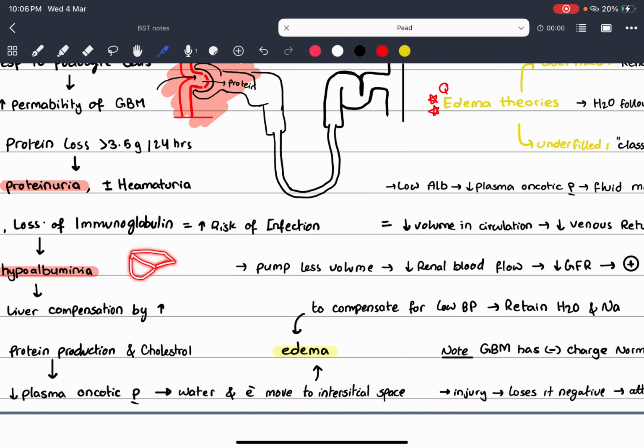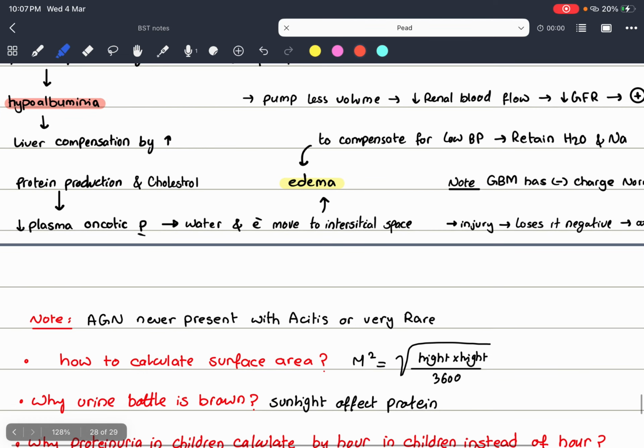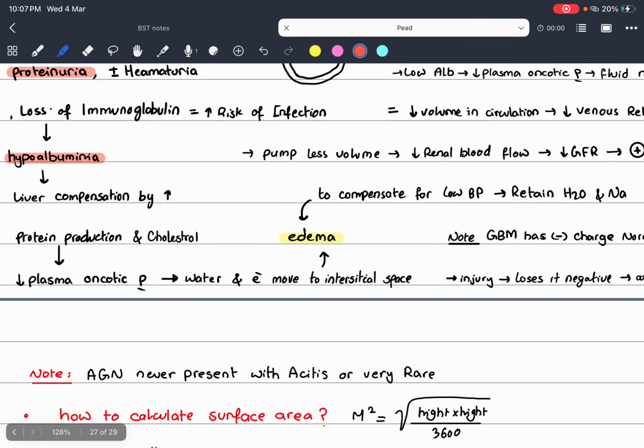How does it compensate? By making more proteins, increasing synthesis, and because of this process the liver also makes cholesterol along with the protein, right? Because of this we have another criterion, what we call hypercholesterolemia.